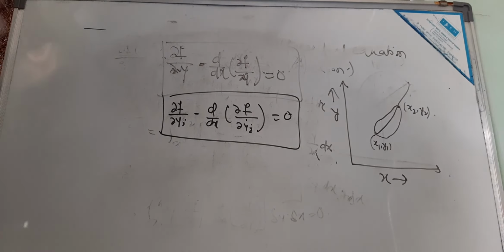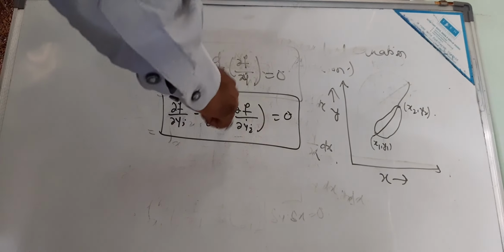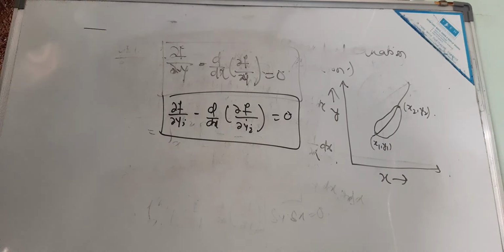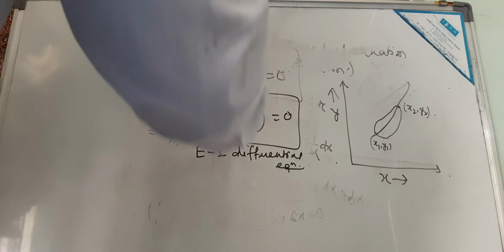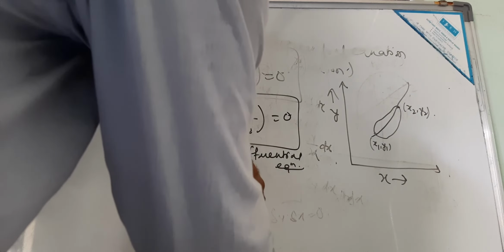This is the Euler-Lagrange equation. This is the Euler-Lagrange differential equation, where the integral I, integration of x1 to x2 of f(y, y dot, x), gives the extremum value.